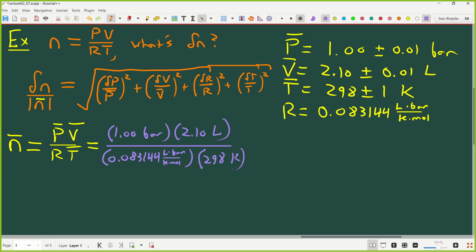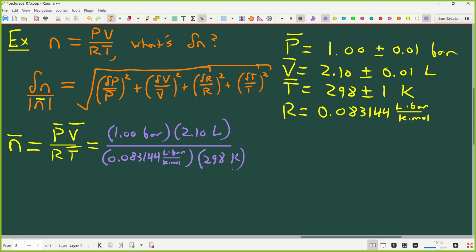So those are all the values we measure. Let's make sure the units work. We should get moles out. This is always a good test in this class. We do a lot of things with units. If you know what the expected units are of your result, when you do your unit analysis on your calculation, you should get the same units out. It's a really good way to tell if you screwed something up or not, because if the units don't match, then you know you've done something wrong.